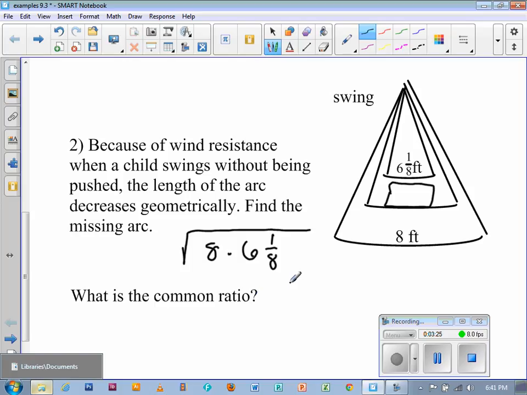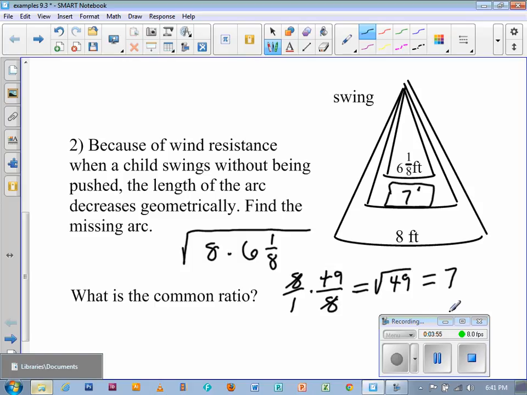Without a calculator, here's how you would do that. You put 8 over 1, and 6 and 1/8 is 49/8 as an improper fraction. 6 times 8 is 48, plus 1 is 49. The 8's reduce, and you're left with 49. And then you take the square root of 49, which gives you your missing length here of 7. So we're looking at a 7-foot swing pattern here.